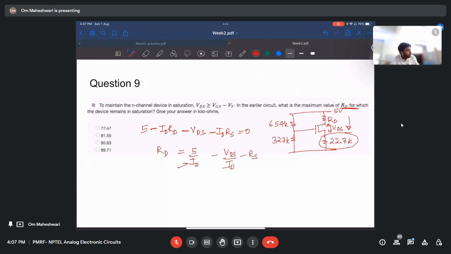Here ID we know was 47 microamps, and VDS we had solved in one of the questions, it was 0.1 volts.